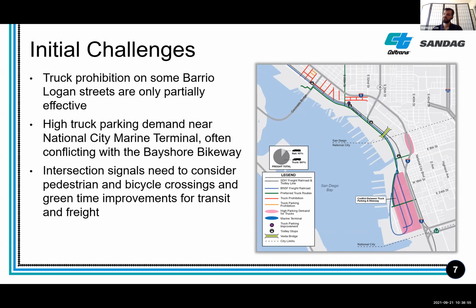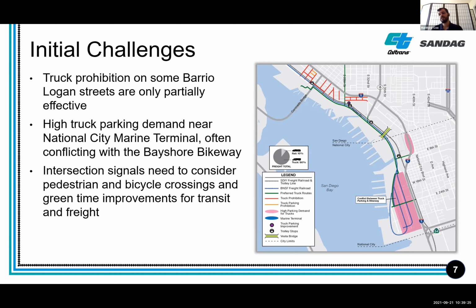Some additional challenges that we've found is that the truck prohibition on some Barrio Logan neighborhood streets has only been partially effective, and they're looking at expanding that, along with those prohibited parking areas and things like that in that area. We've also noted that there's high truck parking demand near the National City Marine Terminal, and those often conflict with Bayshore Bikeway facilities in the area. So it is kind of a safety conflict there, or a potential safety conflict anyway.